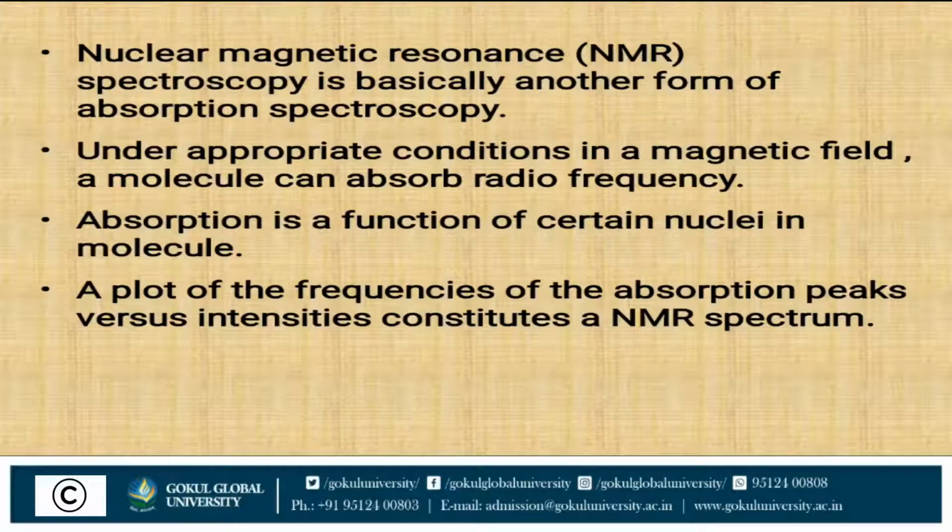Nuclear magnetic resonance, NMR spectroscopy, is basically another form of absorption spectroscopy. The first question is how it is another form of absorption spectroscopy: under appropriate conditions in a magnetic field, a molecule can absorb radio frequency.